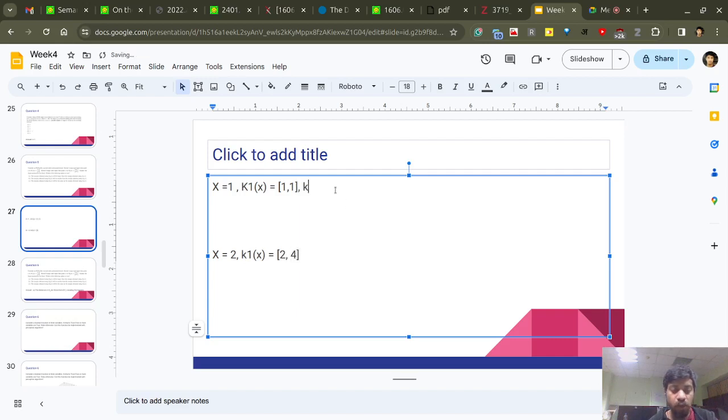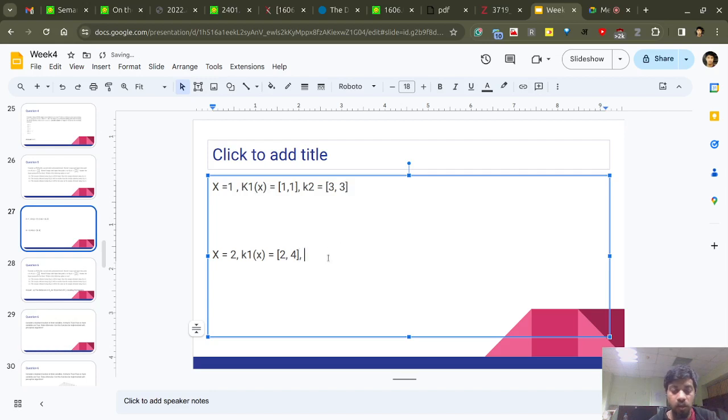Then go to k2. K2 is what? 3x and 3x square, right? So 3 into x, with x equal to 1, is 3. 3x square is 3 into 1 into 1, so it is again 3.